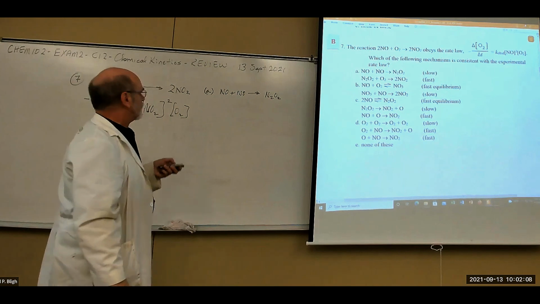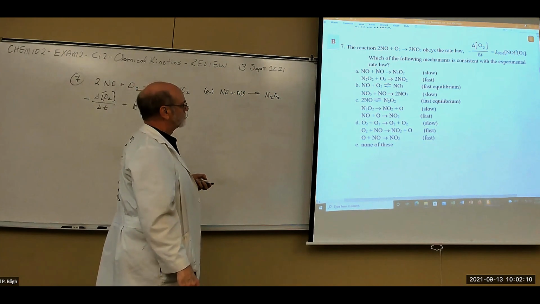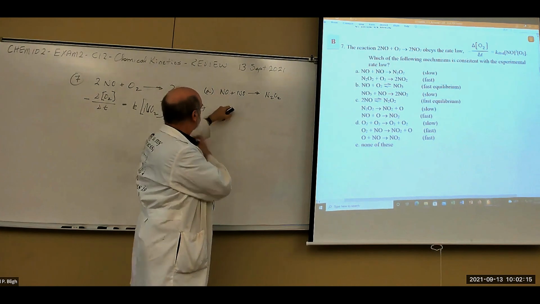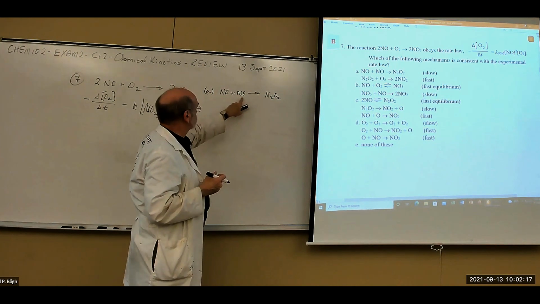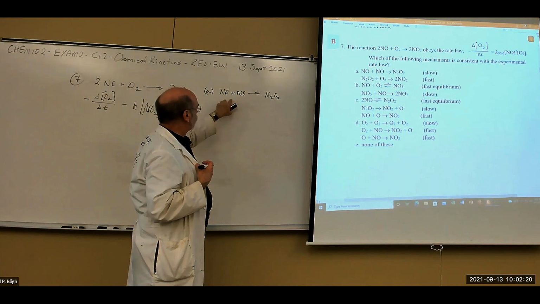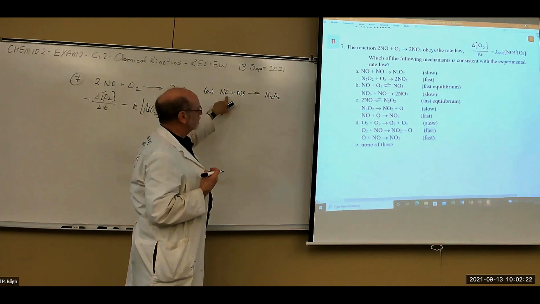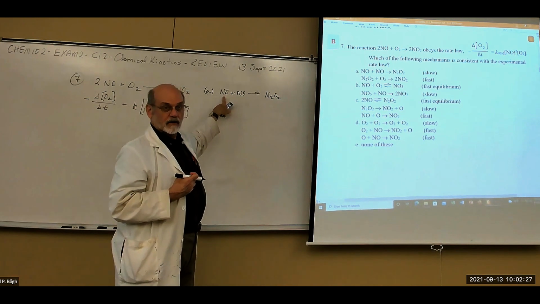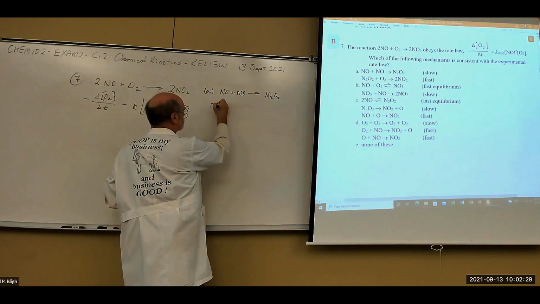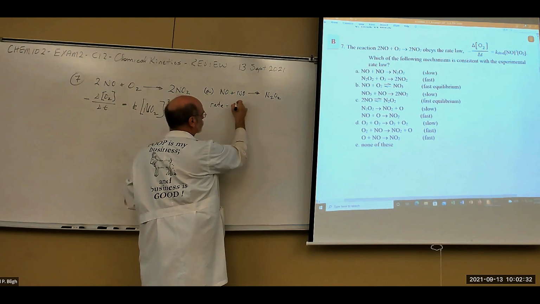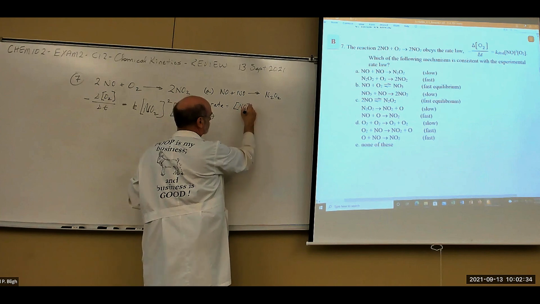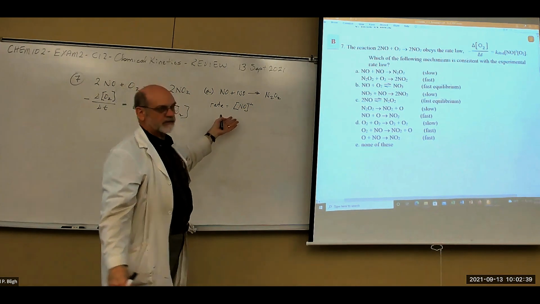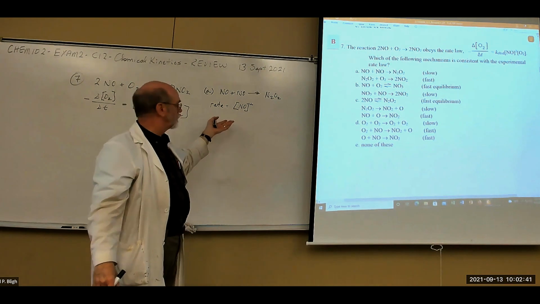My guess is this one's not going to work, because if we write this equation in terms of the reactants, the only term in there is NO. Two NOs, right? We write that rate in terms of these NOs, it's going to be squared. Nothing else. There's no O2s in there. So that's probably not it.